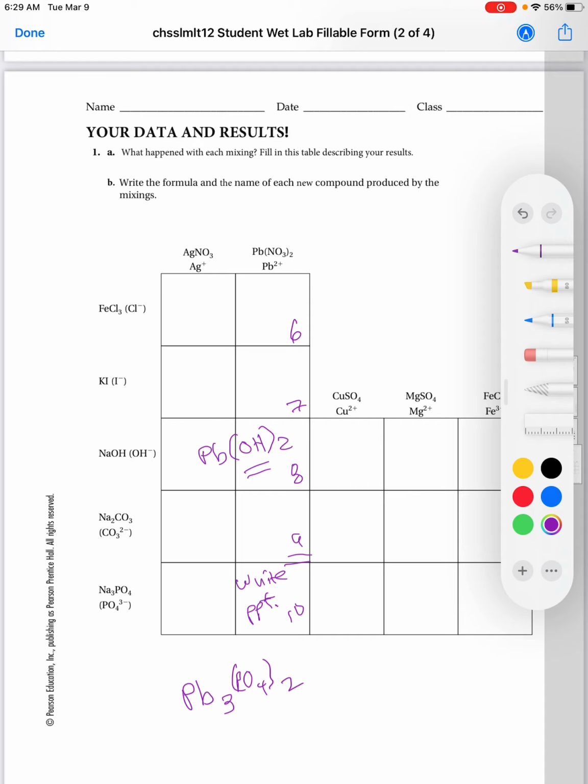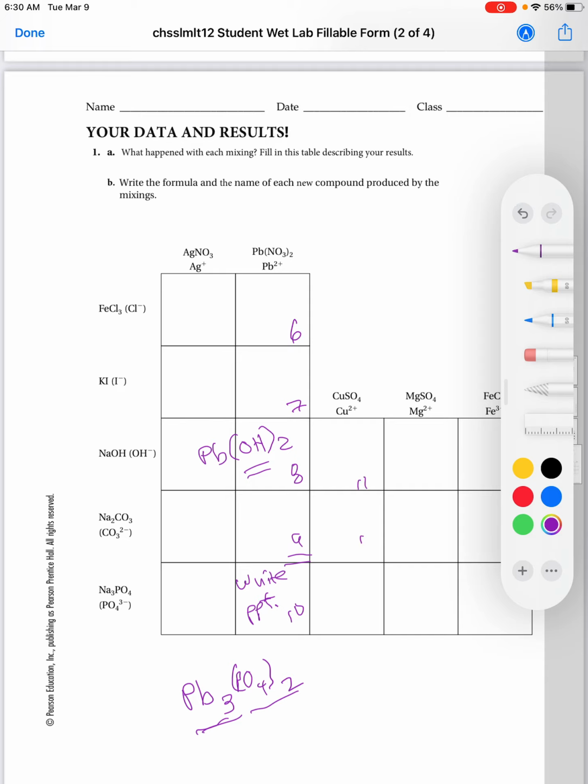That's that 3 and 2 for 6 common denominator sorts of problems. So lead phosphate, called lead 2 phosphate officially, has the formula Pb3 parenthetically PO4 times 2. So let's go on to our next ones and finish this up.